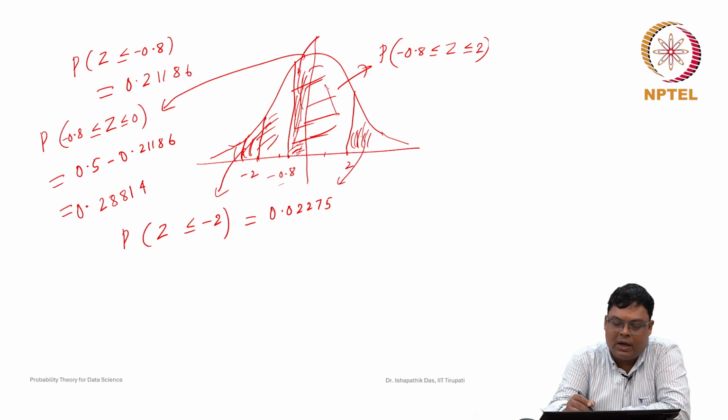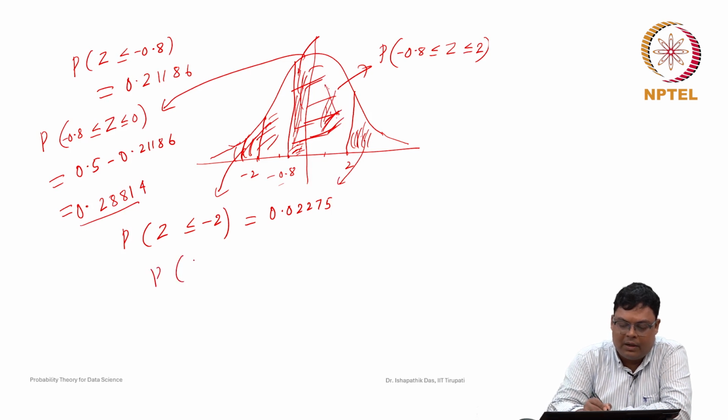Now, we want to add this probability with this probability. What will this probability be? It is the probability that z is greater than or equal to 2, the area between 0 and 2. First we find the probability of z less than or equal to 2.